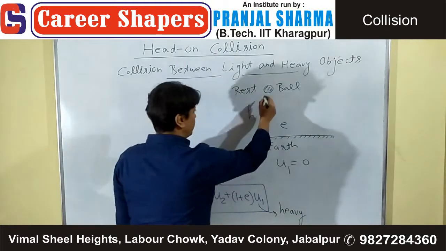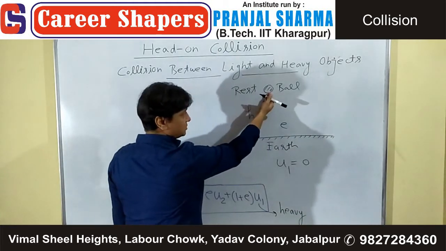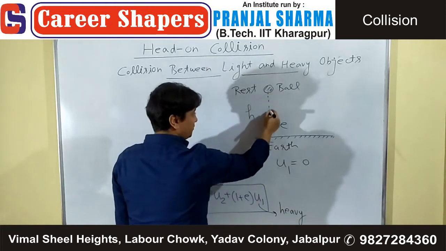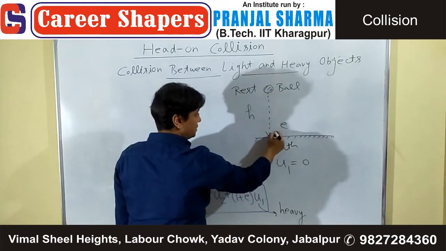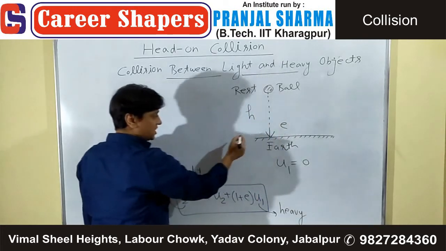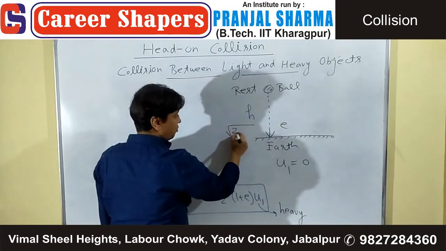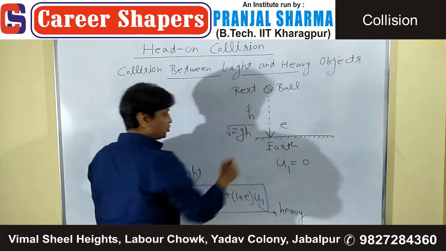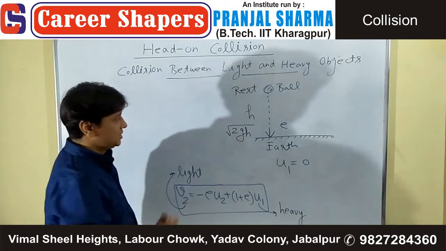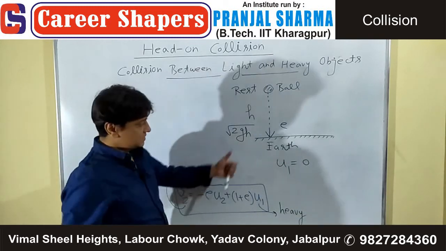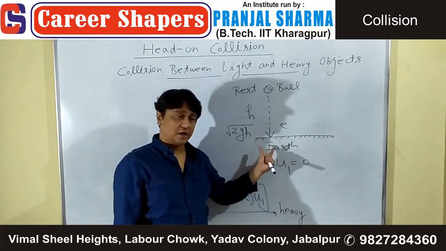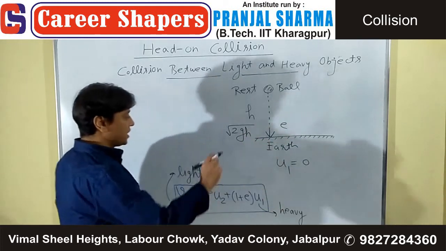Instead, everybody knows that when an object falls from rest under gravity, then just before it hits the ground, its velocity is given by root over 2gh. I hope you remember this formula, root 2gh. This root 2gh is the velocity of the ball just before it hits the ground.